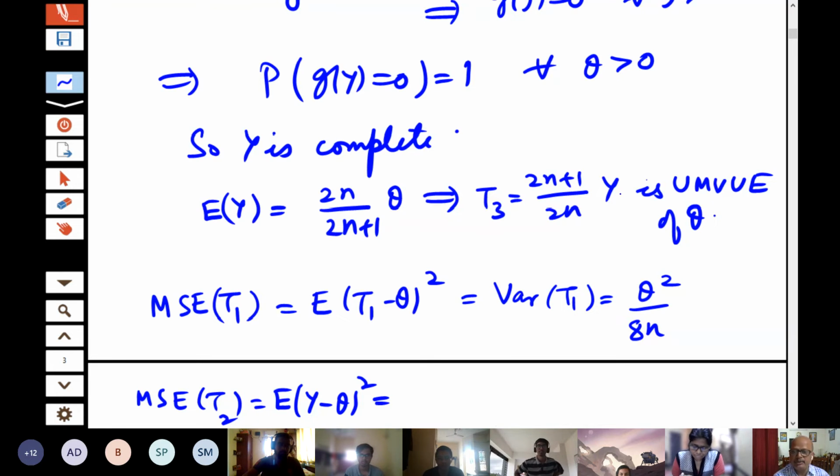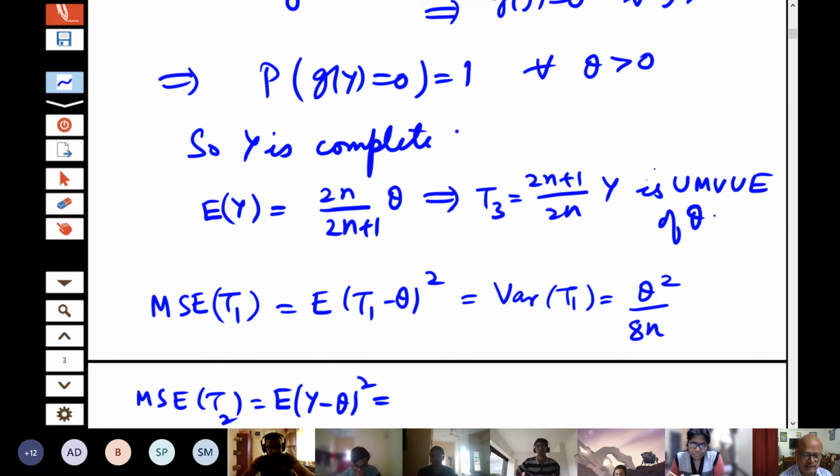So the UMVUE and the maximum likelihood estimator will become almost the same. But for small samples it will matter. Suppose n is equal to 5, this becomes 11 by 10 times y, which is different from y. Suppose I take n is equal to 4, then it is 9 by 8, which is different from y. So for small samples, the distinction is important.